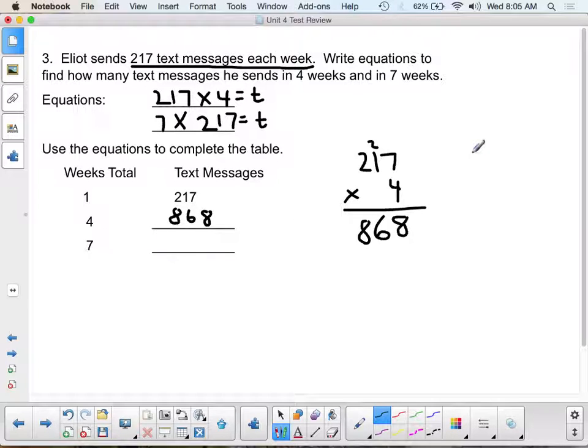Now I'm going to use this equation to figure out how many text messages he sends out in 7 weeks. So 217 times 7. 7 times 7 is 49. 7 times 1 is 7, plus 4 is 11. 7 times 2 is 14, plus 1 is 15.